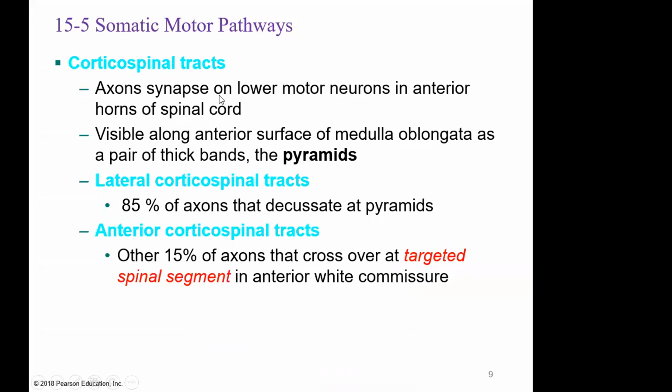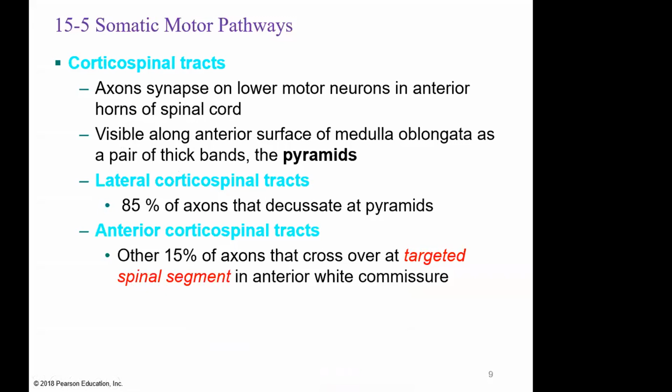Axons synapse on the lower motor neurons, again, in the anterior horns of the spinal cord when we're talking about motor stuff. If we're talking about the lateral corticospinal tract, 85% of our axons are going to be decussating at the pyramids in the medulla oblongata. However, the other 15% in the anterior tract are going to cross over at this specific spinal segment in the anterior white commissure.